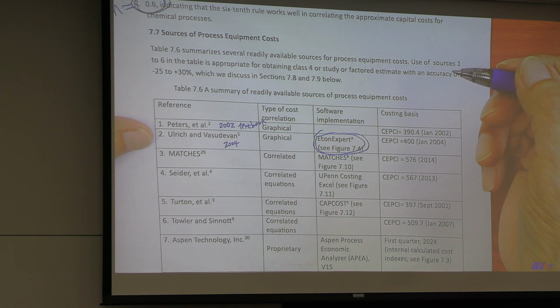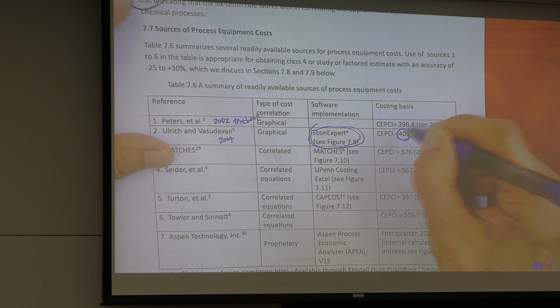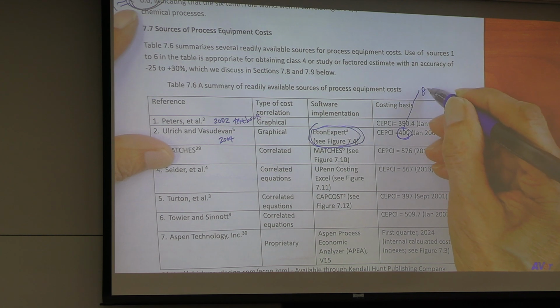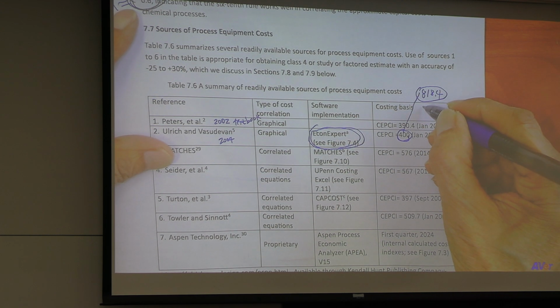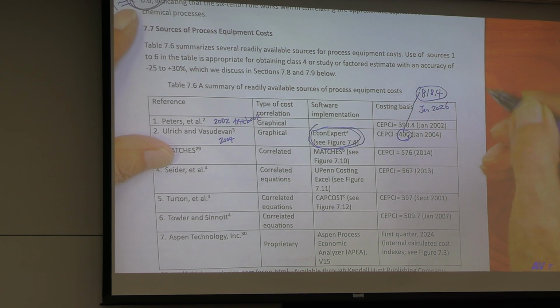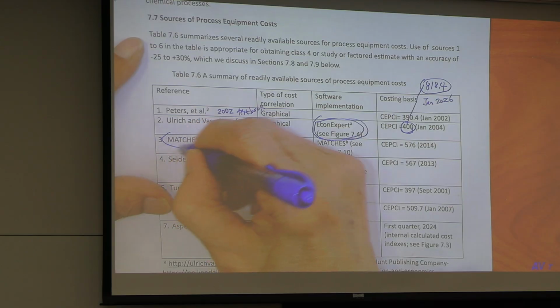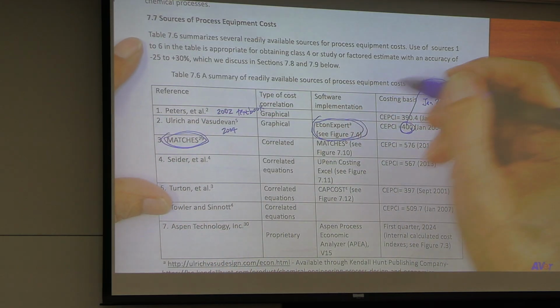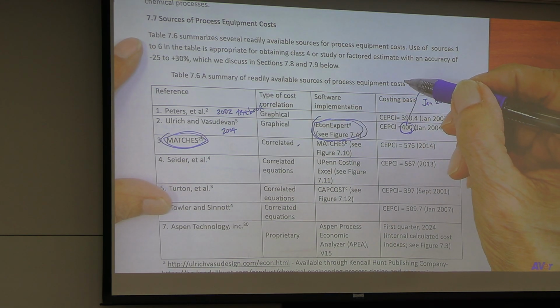In the software, costing is 4,000. Now we scaled it up to 818.4, is that right? That is January 2026. In a minute, I'll show you Matches. That's a graphical correlation.